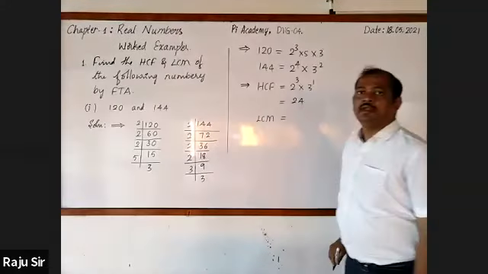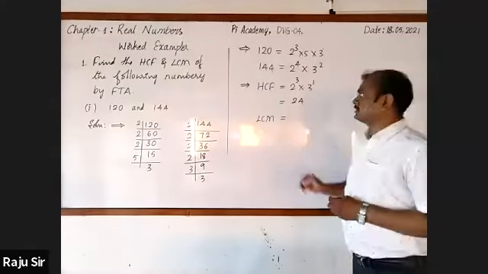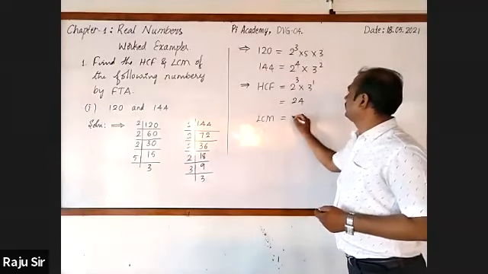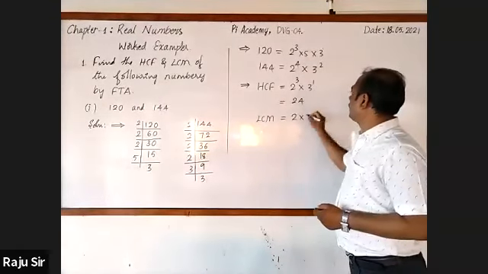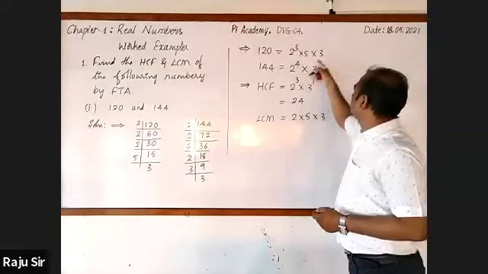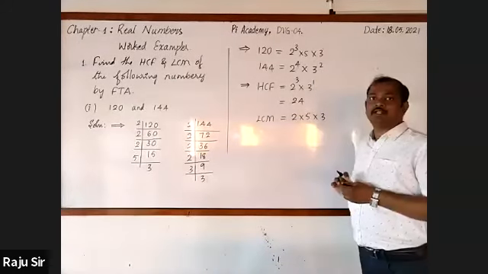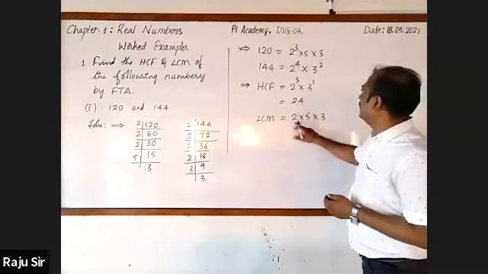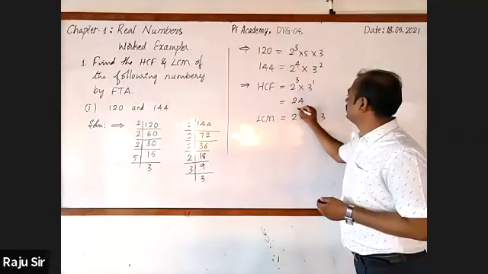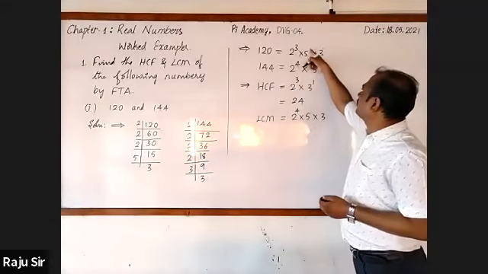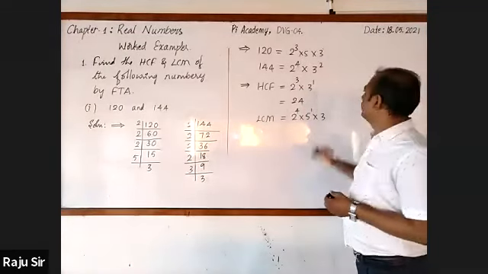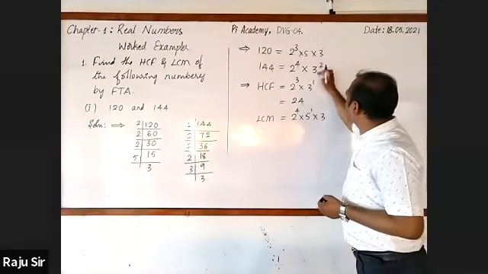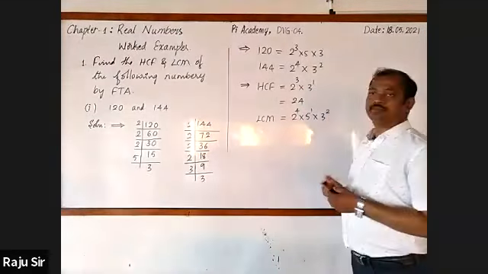Then observe. Let us write all the factors. The factors are 2, 5, and 3. Only these factors are there with their highest power. Highest power of 2 is 4. Highest power of 5 is 1. Highest power of 3 is 2.